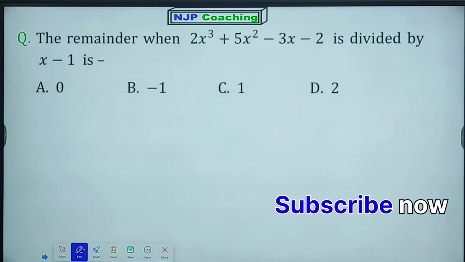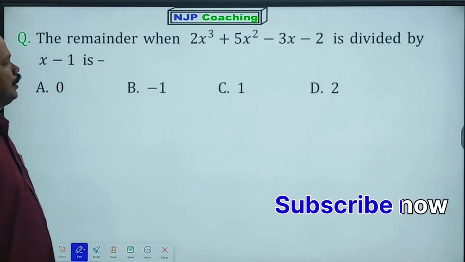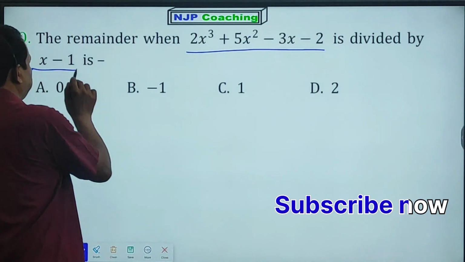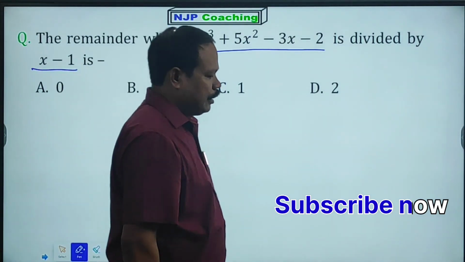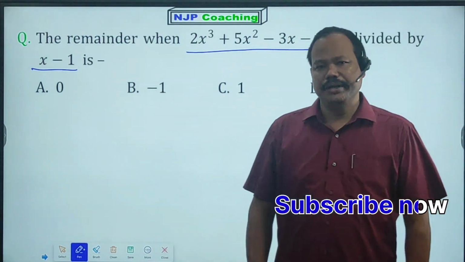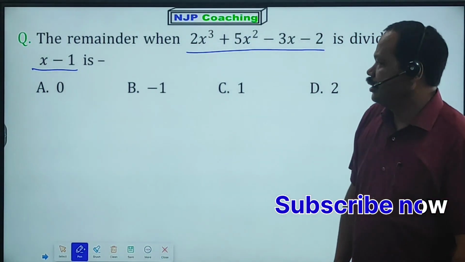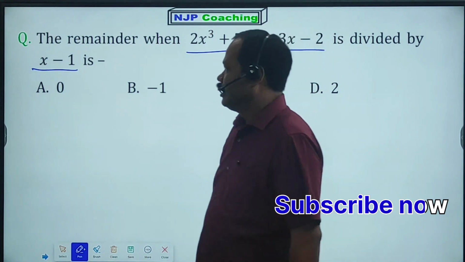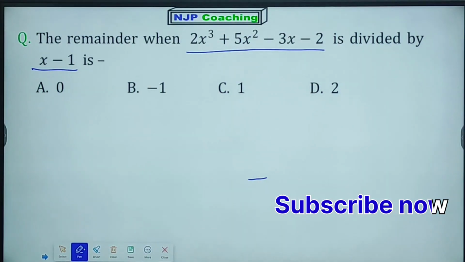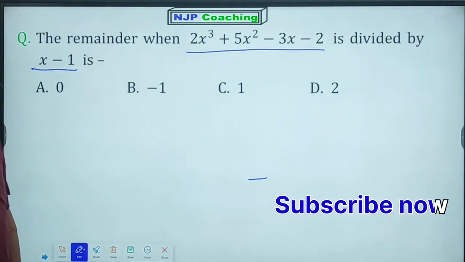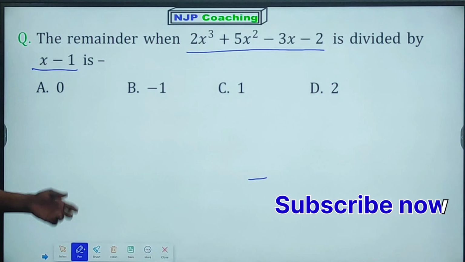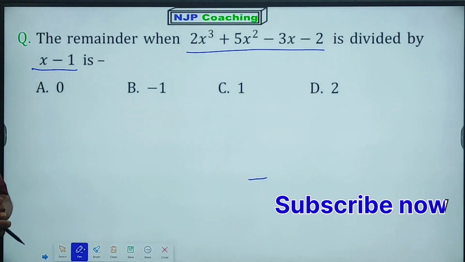Next question. The remainder when this polynomial is divided by x minus 1. So no need to divide for this question. There is a theorem called remainder theorem. According to the remainder theorem, suppose the divisor is a linear polynomial, x minus 1, a variable of power 1.